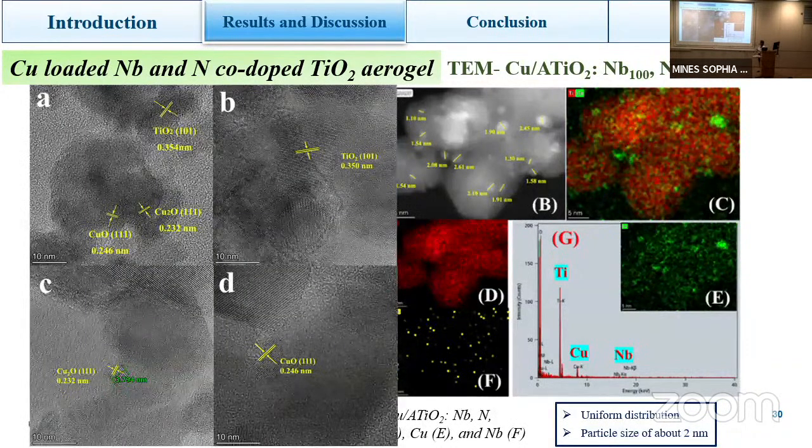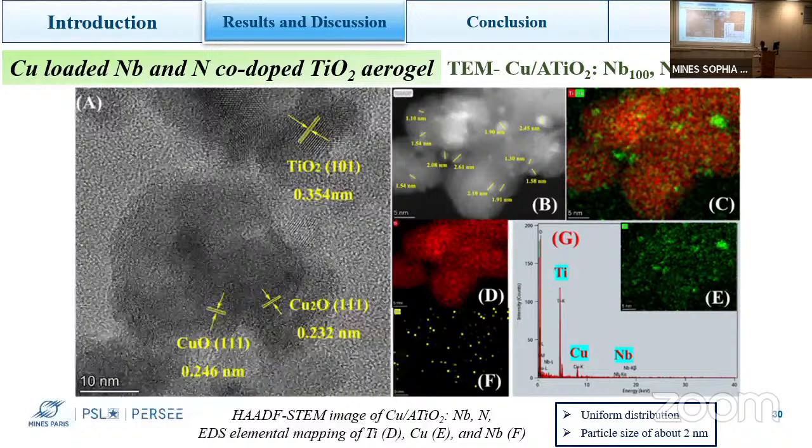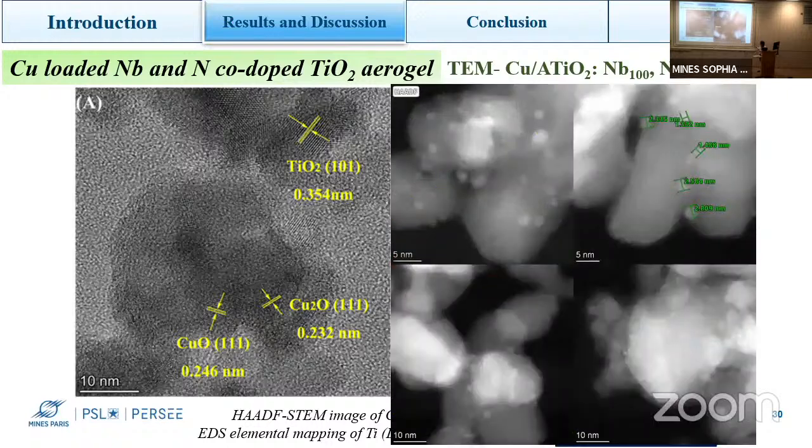This agrees with the XPS result: the copper exists as copper 1 and copper 2. And from the TEM figure, we can see our particle size is really small and uniformly distributed. It's a really small particle, around 2 or 3 nanometers, and uniform on the TiO2.